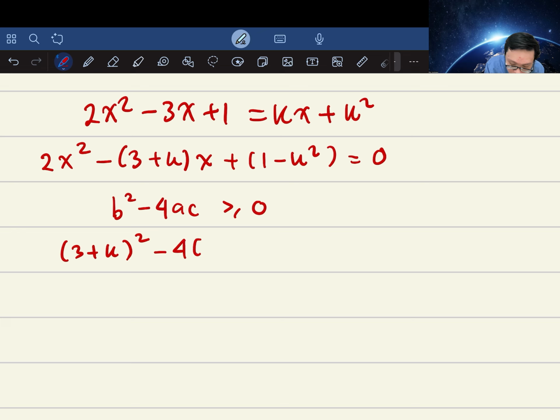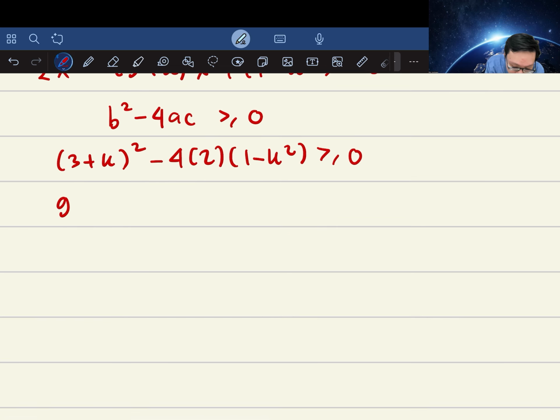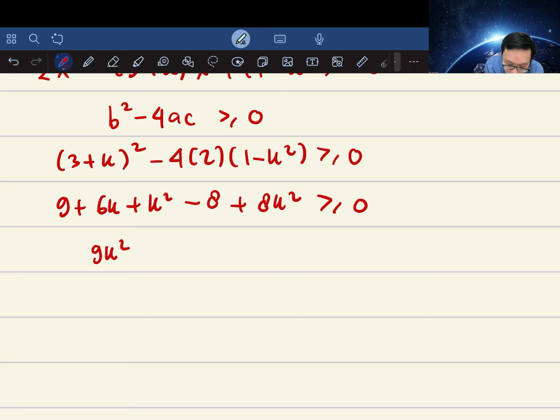Minus 4 times 2 times 1 minus k squared greater than or equal to 0. We simplify, it becomes 9 plus 6k plus k squared minus 8 plus 8k squared greater than or equal to 0. So here we have 9k squared plus 6k plus 1 greater than or equal to 0.